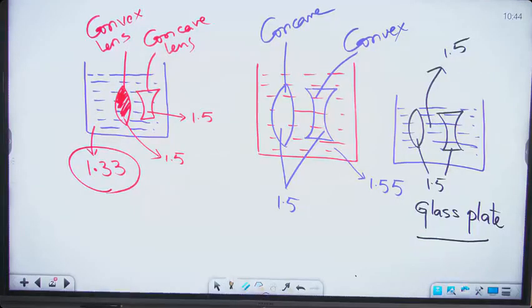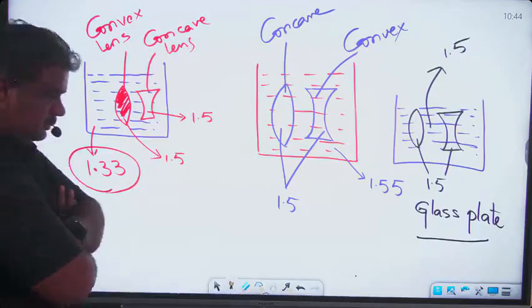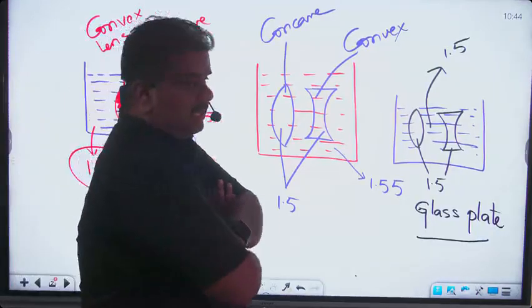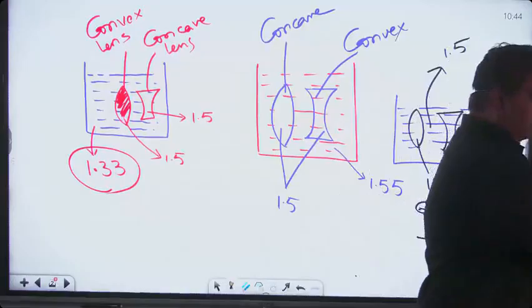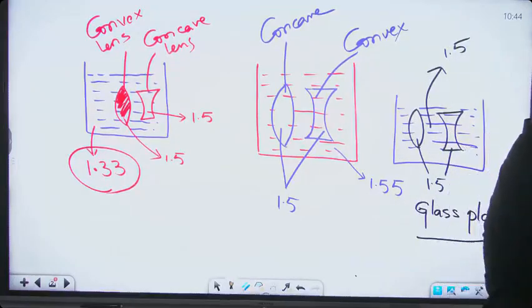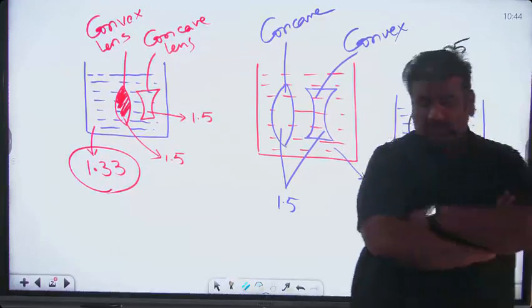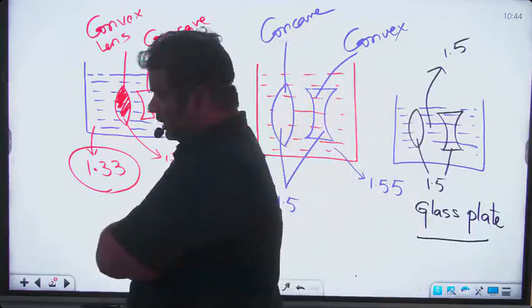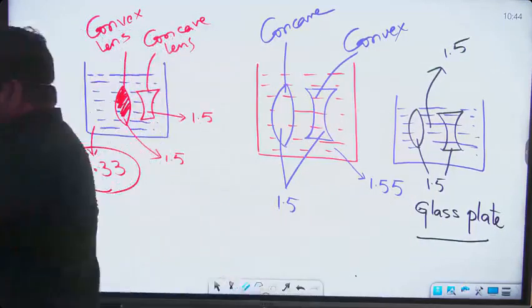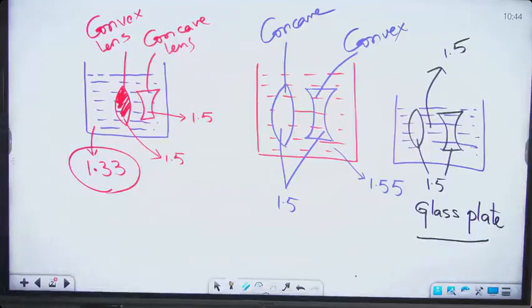A person having presbyopia cannot see the nearer and the distant objects clearly.